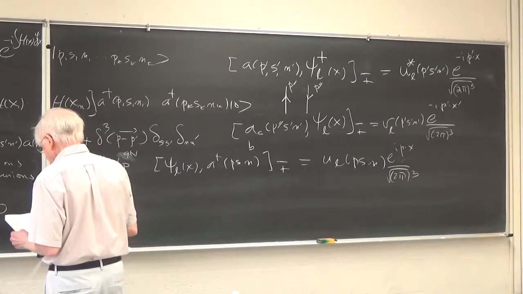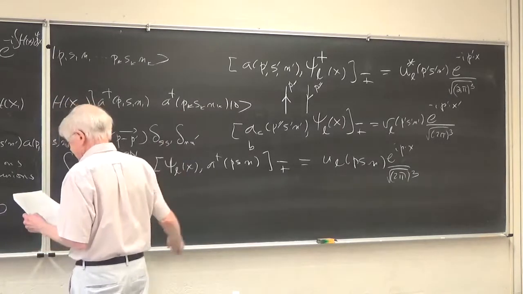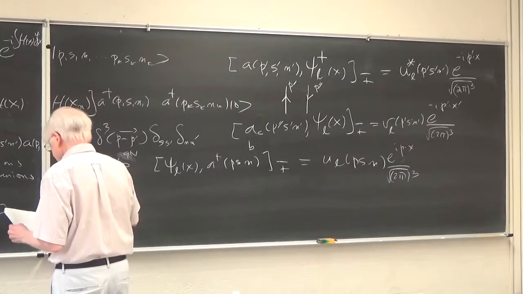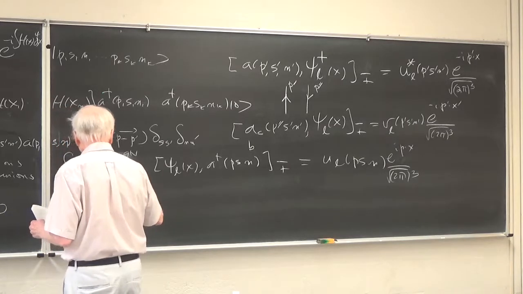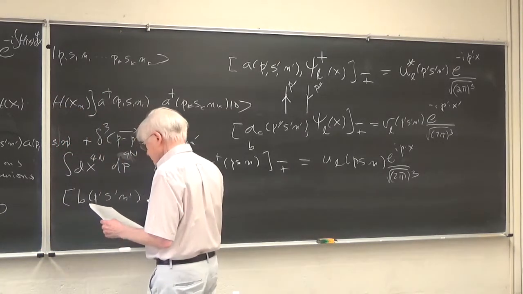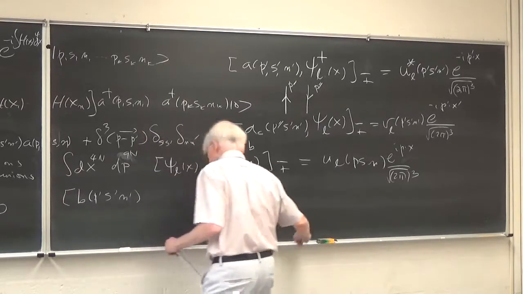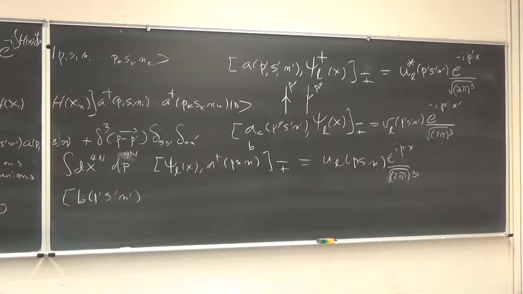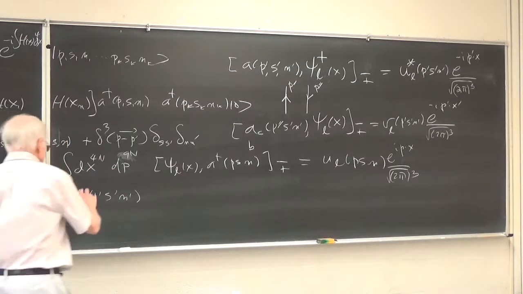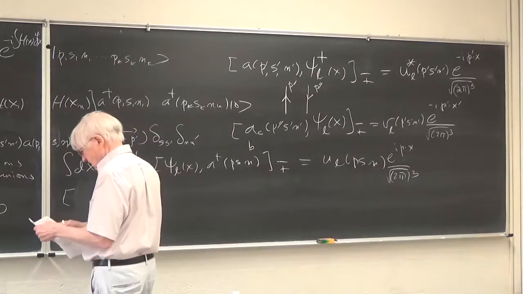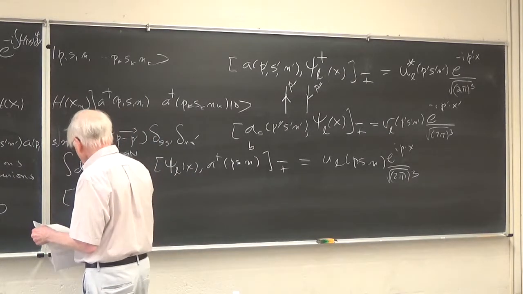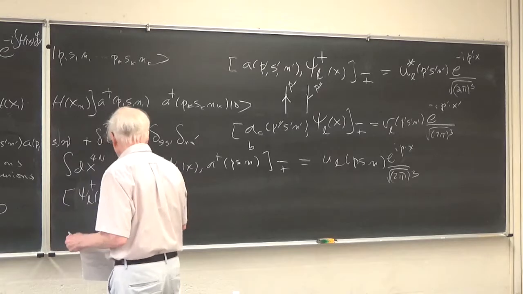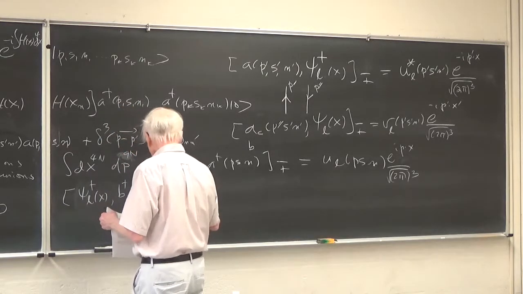So the next possibility is an antiparticle in the initial state. And if I use my notation instead of Weinberg's, then it's P prime, S prime, N prime. Well, actually, that's nobody's notation. I just skipped a line by mistake. Hold on. So here it's psi L dagger of X with B dagger of PSN minus plus.